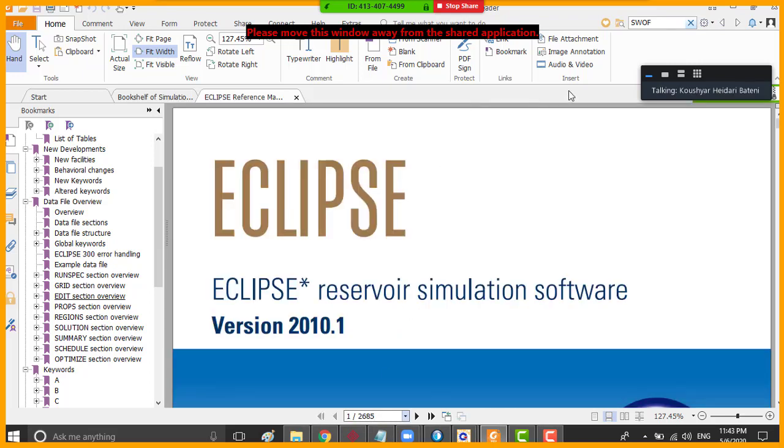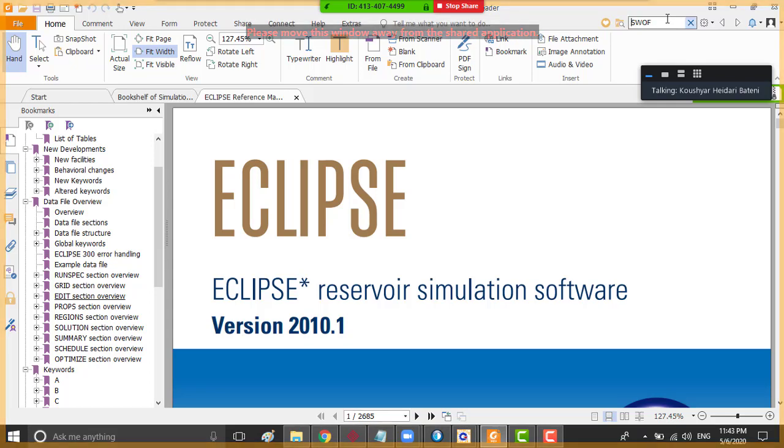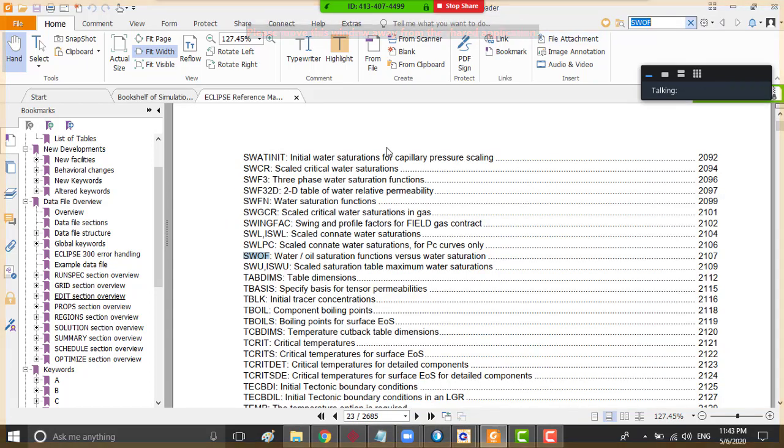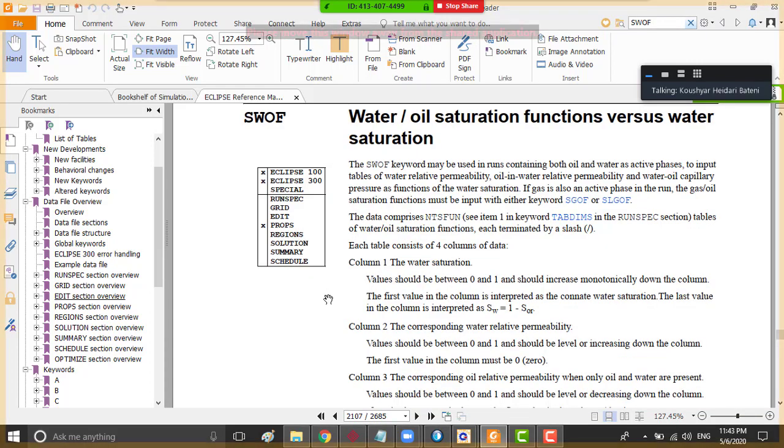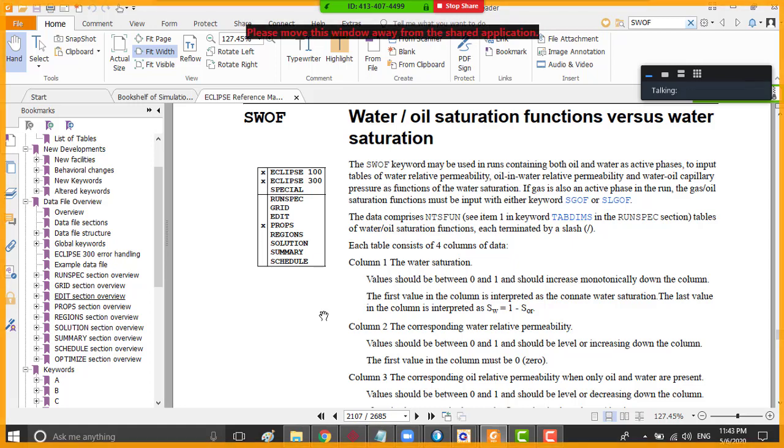If you start at the first page of the reference manual, it is better, because you're going to get the section of the reference manual that is dedicated to the specific keyword that you are after.